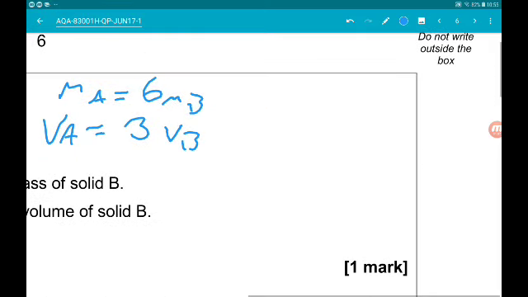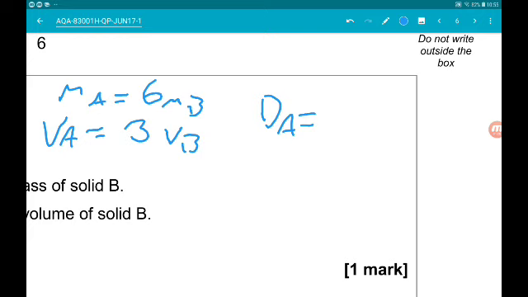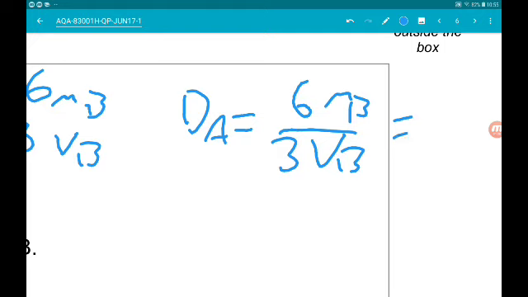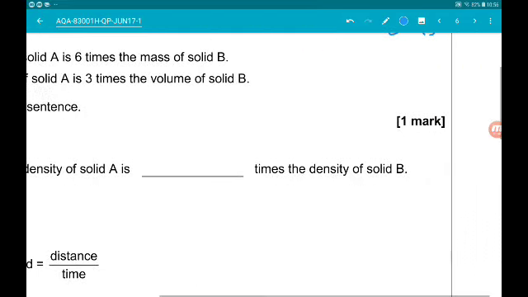So the density of A is mass of A over volume of A, which in terms of B is 6 times the mass of B over 3 times the volume of B. Now that is going to give us 6 over 3 is 2, so that's going to give us 2 times the density of B. So the density of A is twice or 2 times the density of B.